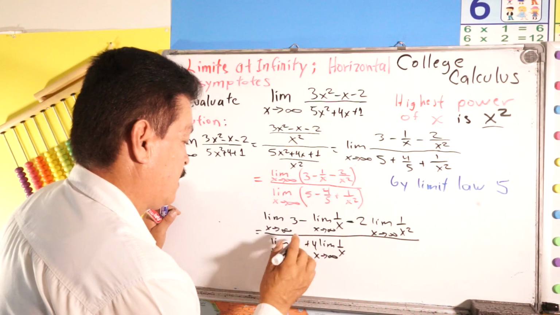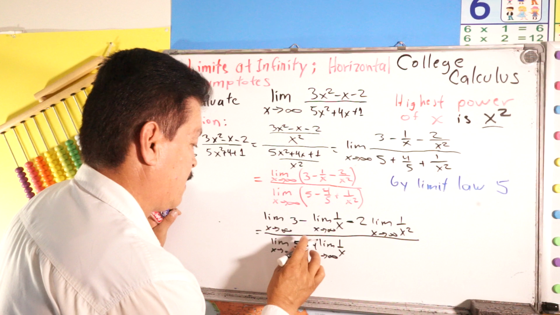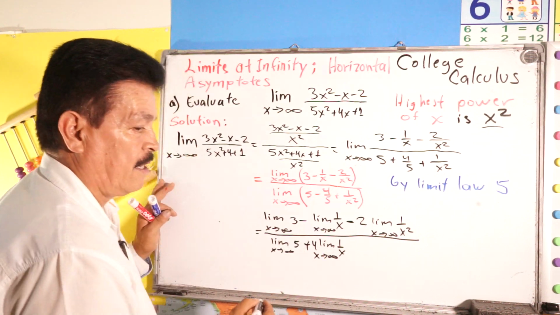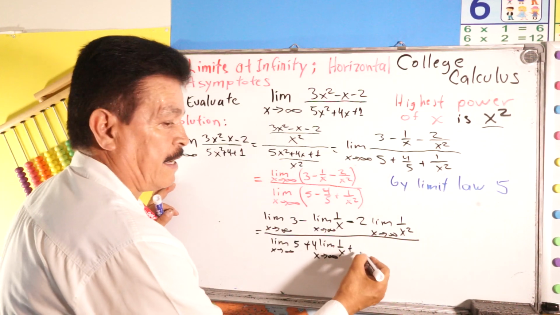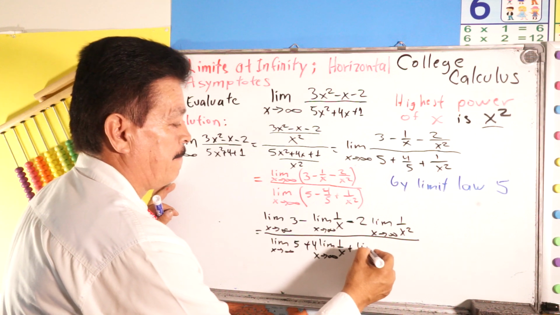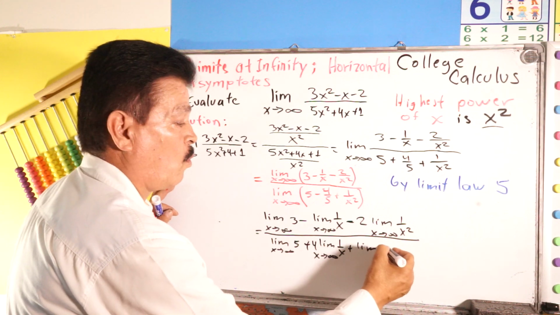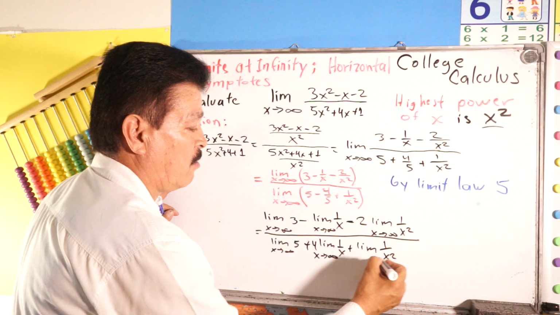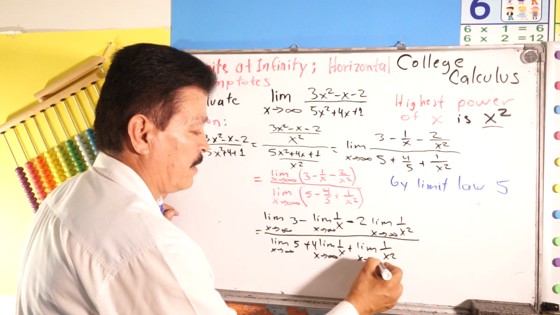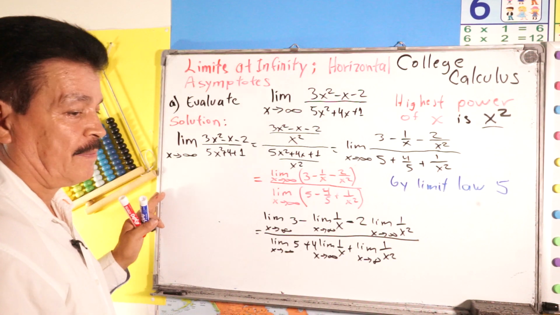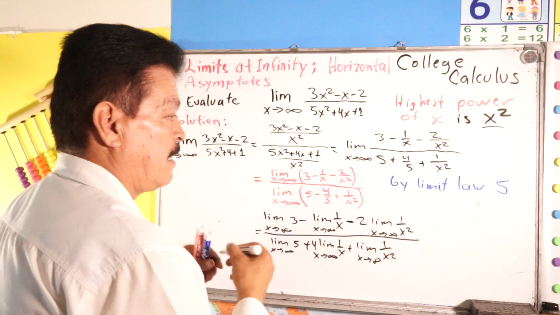Plus 5, plus the limit of 1 divided by x to the second power when x approaches infinity.